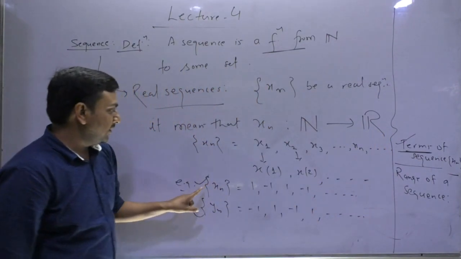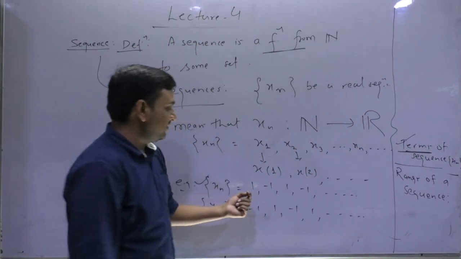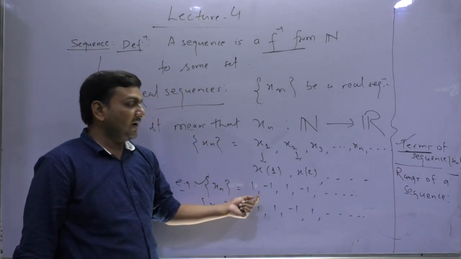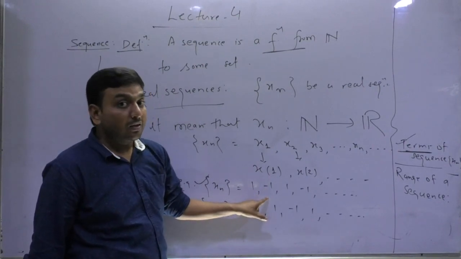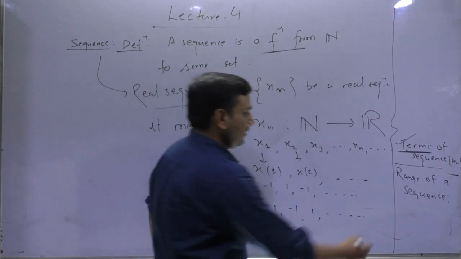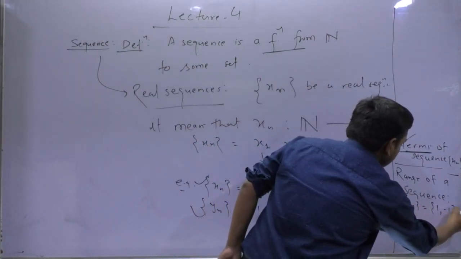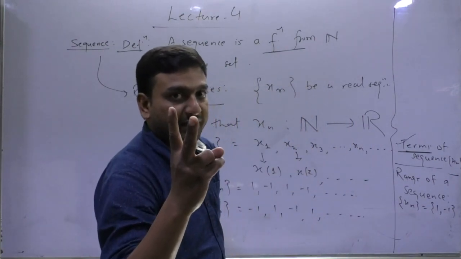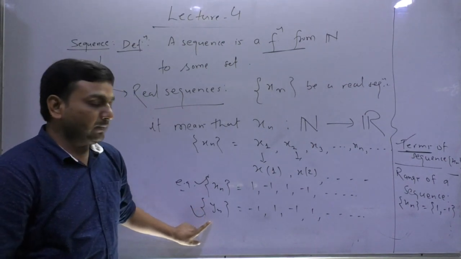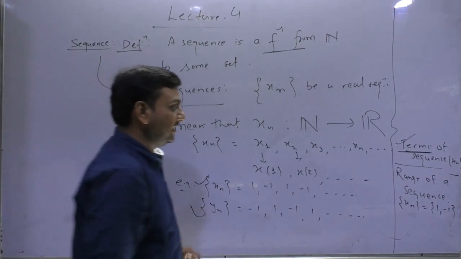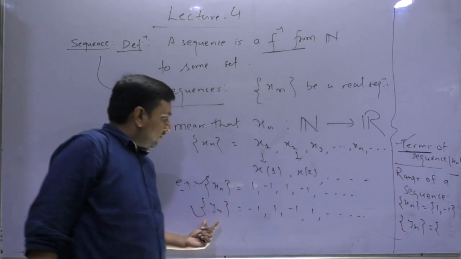So if I say what is the range of this sequence, please tell me, in the images part, what we have? Either the plus 1 or the minus 1. So the range of the sequence xn is a set containing only two elements, plus 1 and minus 1. If I talk about another sequence yn, what is the range of yn?